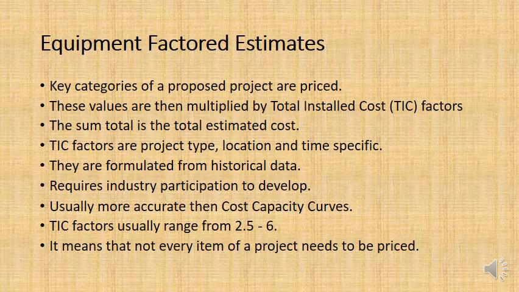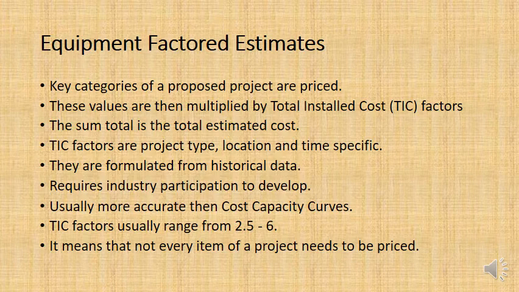We basically split the project up into certain key categories, certain key items that will be priced. So these could be digger charges or digger fees or number of workman hours and their wages and so forth.